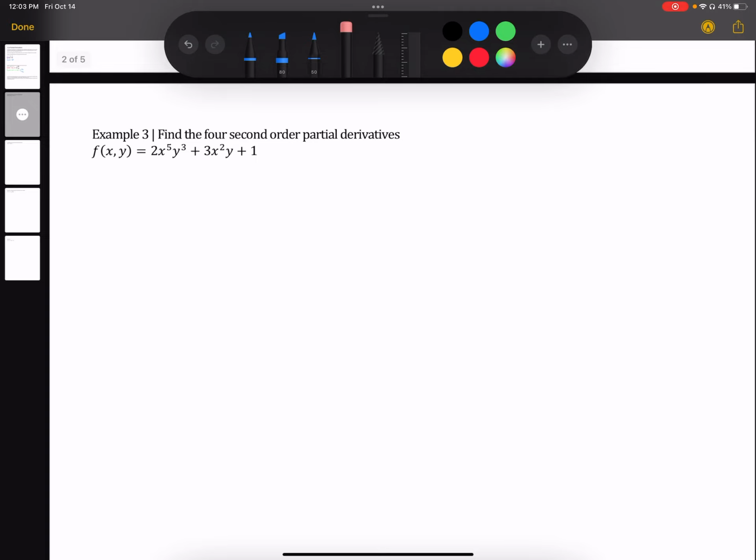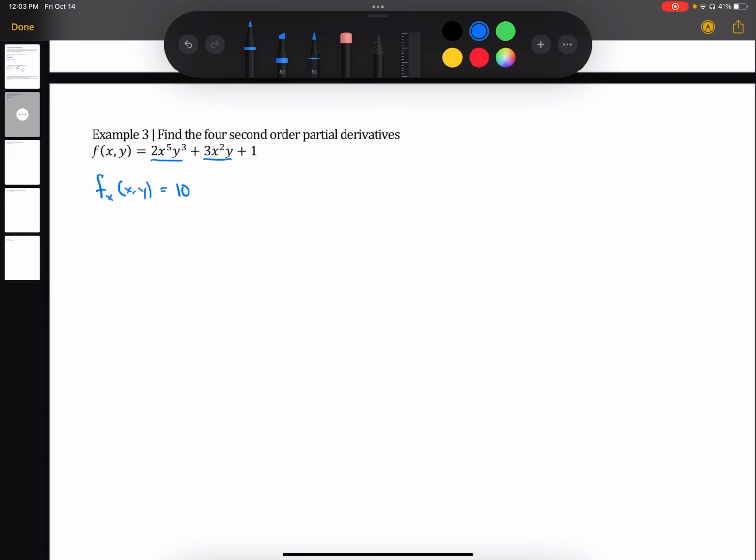So for our third example, we want to find all 4 second order partial derivatives. So first, let's find fx. So fx of xy is, so that term and that term both contain an x.